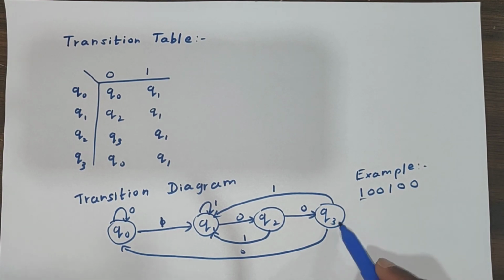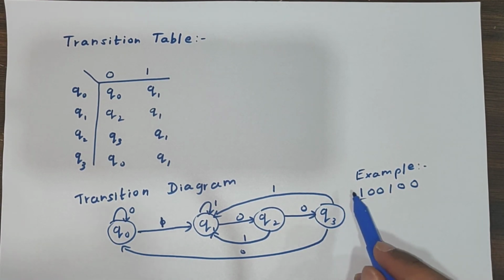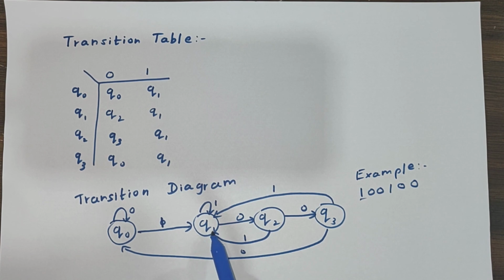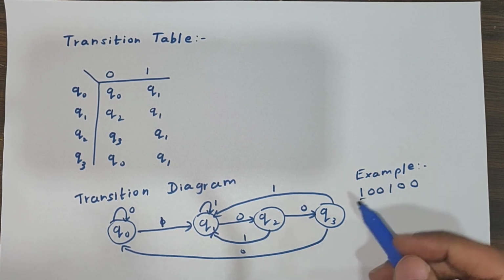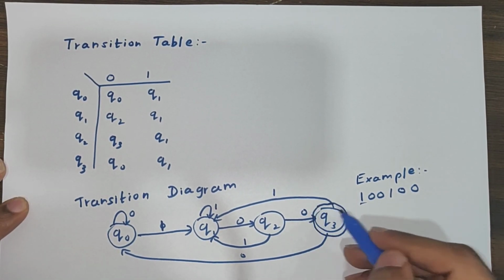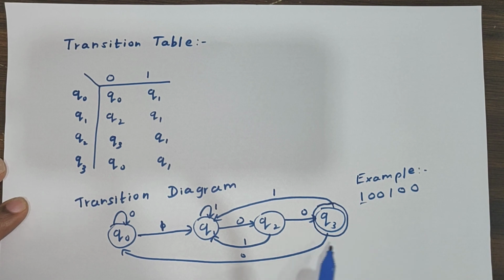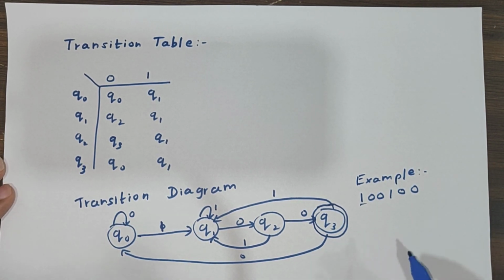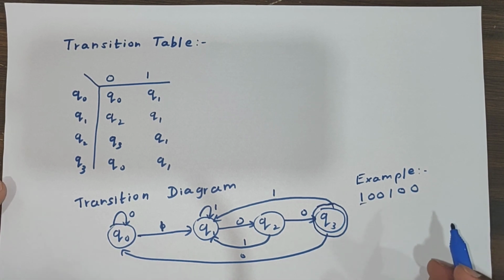Q3 on 1 goes to Q1, Q1 on 0 again goes to Q2, and Q2 on 0 again goes to Q3, the final state. So our logic is correct, and we have successfully constructed the DFA.